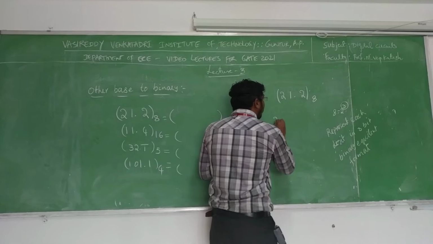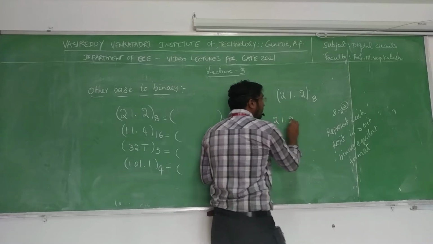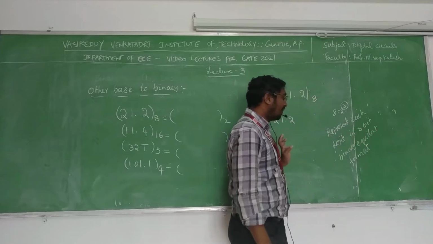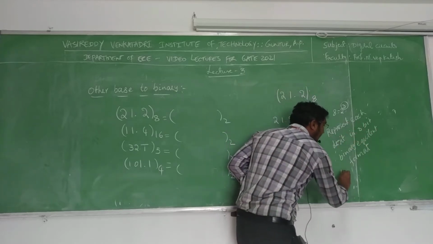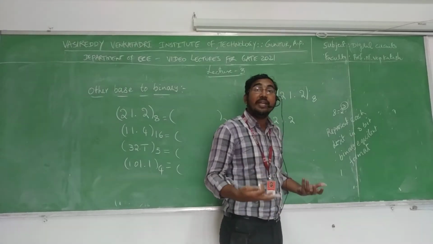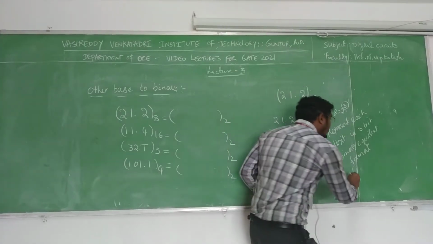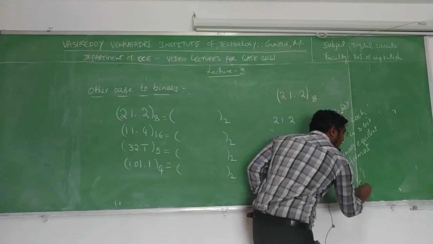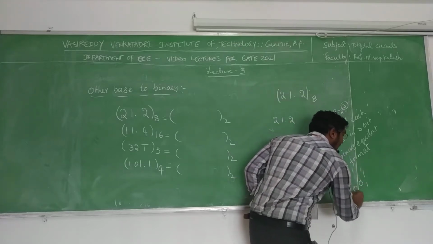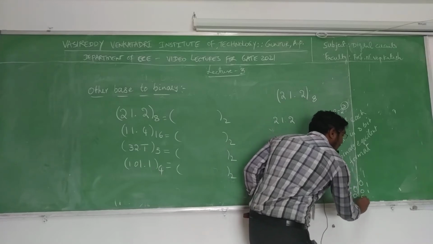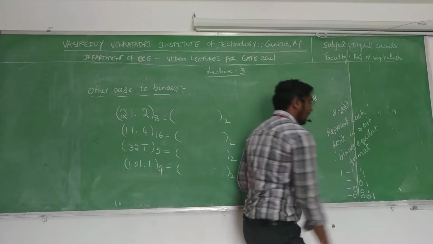Now, I'll take 21.2. Before I do this problem, what is the meaning of 3-bit equivalent format? For example, 1 can be represented in many ways. In fact, infinite ways you can represent the 1. 1 can be represented as 1, as 0 1, as 0 0 1, and even as 3 zeros and 1.